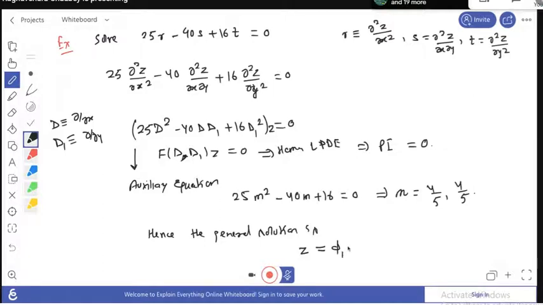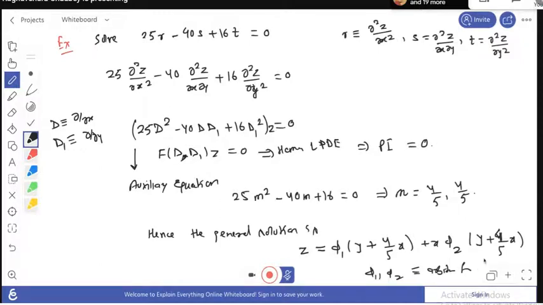We have phi 1 of y plus 4 by 5 x, and since these roots are the same, this becomes x phi 2 of y plus 4 by 5 x. Here phi 1 and phi 2 are arbitrary functions, and this is basically the complementary function. The particular integral is 0, so the complementary function is the solution.